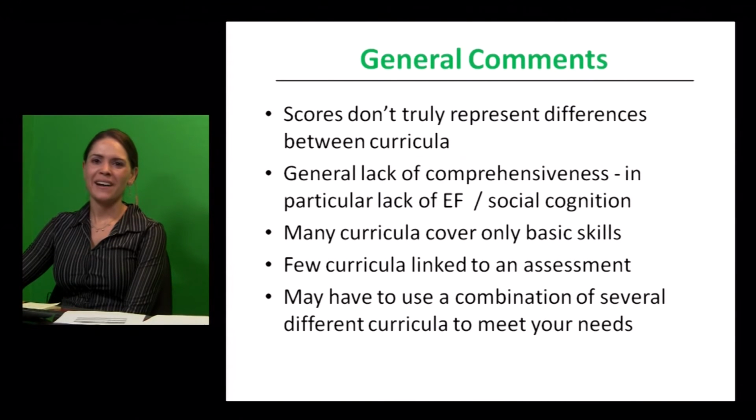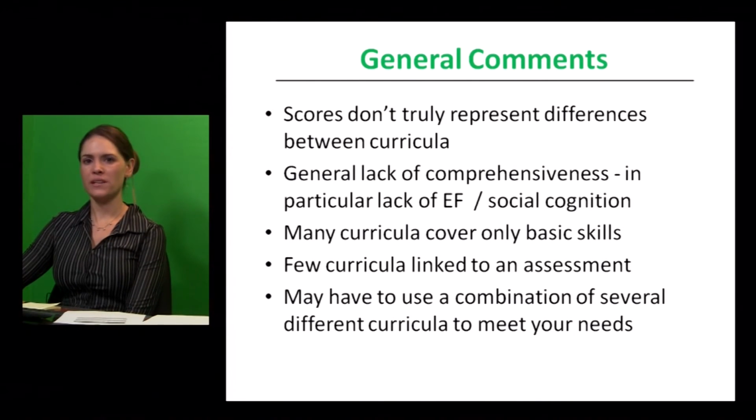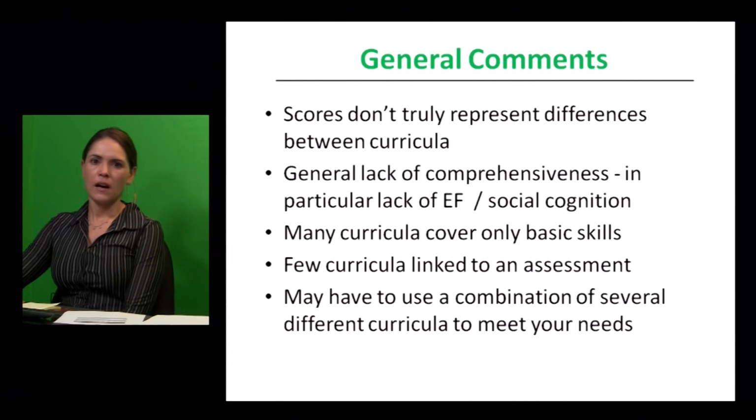This is where I get back on my soapbox about the lack of curriculum design and planning for addressing executive function and social cognition skills. Many of the curricula only covered basic skills and did not address higher level complex skills. Or if they were addressing some areas, like the social skills area, it wasn't necessarily comprehensive. It was more just the basic social skills.